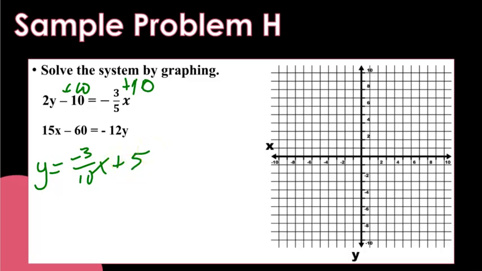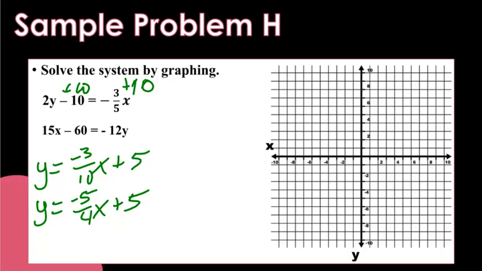And the other one, divide that by -12, which would be y is equal to 15 divided by -12, which gives us -5/4 x, and negative 60 divided by negative 12 is a positive 5.